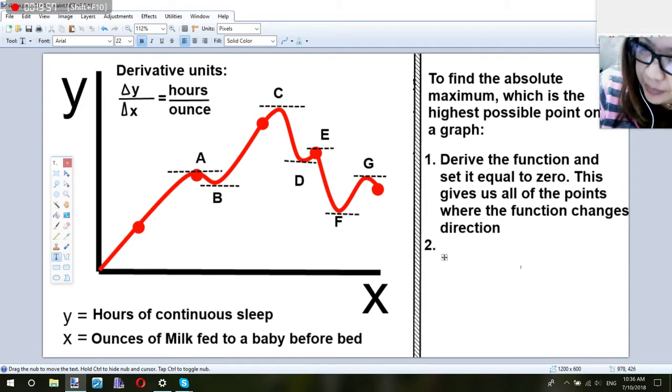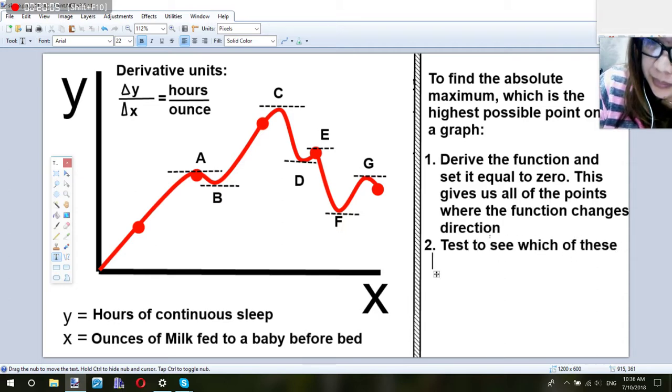Okay. Number 2. We need to test to see which of these points are relative maximums.